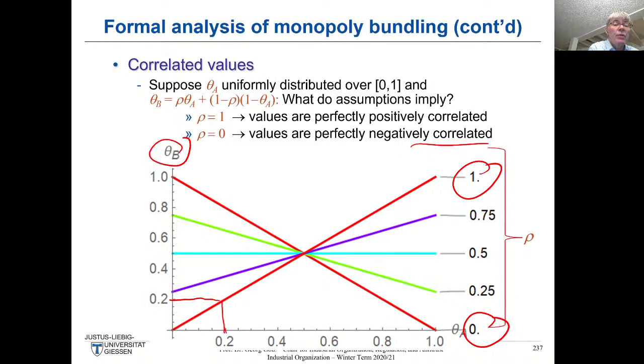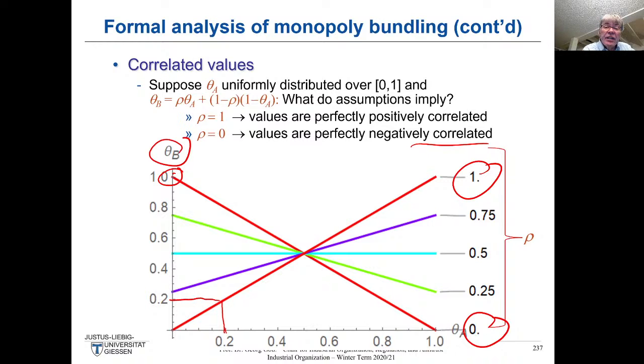If you have a willingness to pay for product B of 1, you have a willingness to pay for product A of 0. And that's where you get this diagonal curve with the slope of -1. And of course, here I drew several other parameters of rho.